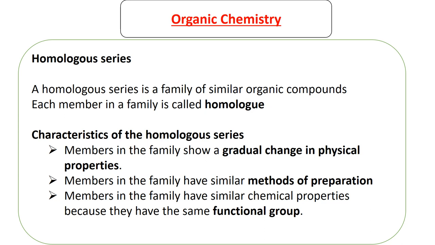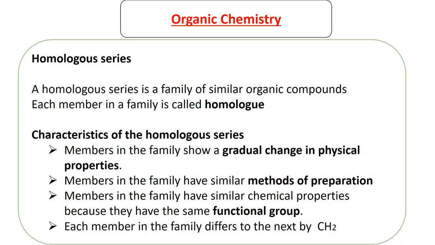So this functional group gives a given family its chemical property. It is the very reason why there are different families, meaning that there are different chemical properties determined by the functional group of that family. What is this functional group?